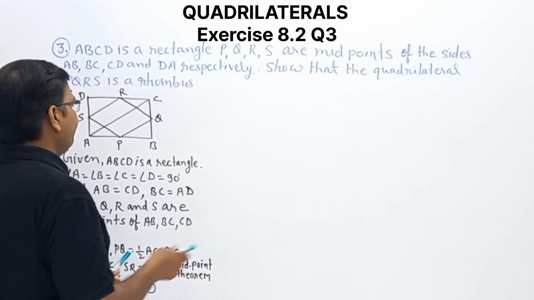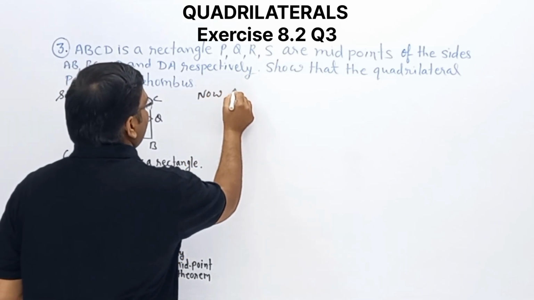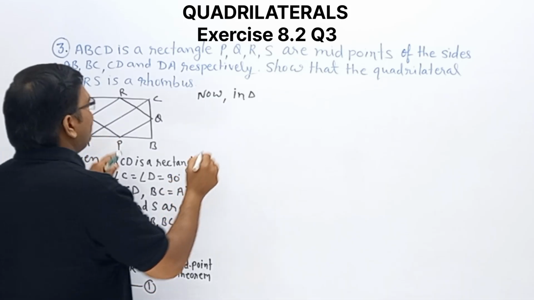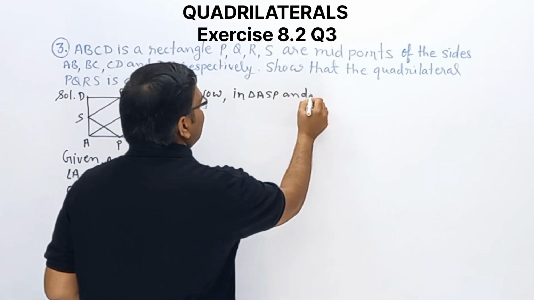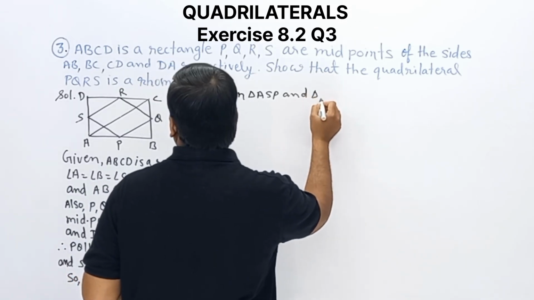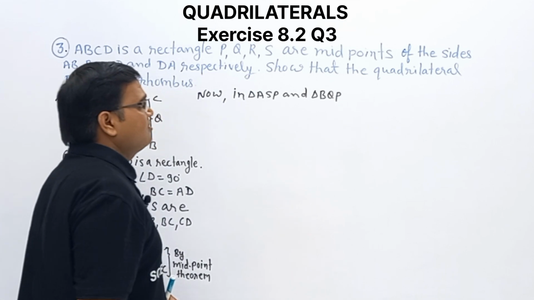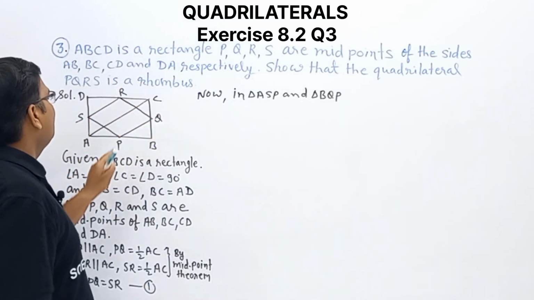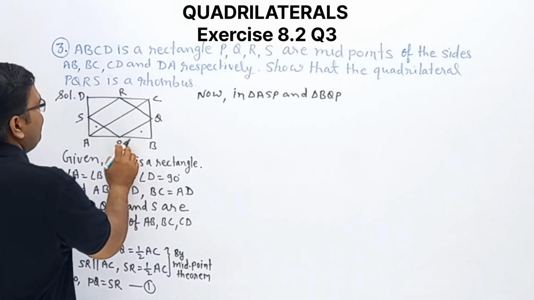Now, next thing. Now, in triangle ASP and triangle BQP, observe these triangles. This triangle and this triangle, ASP and BQP.